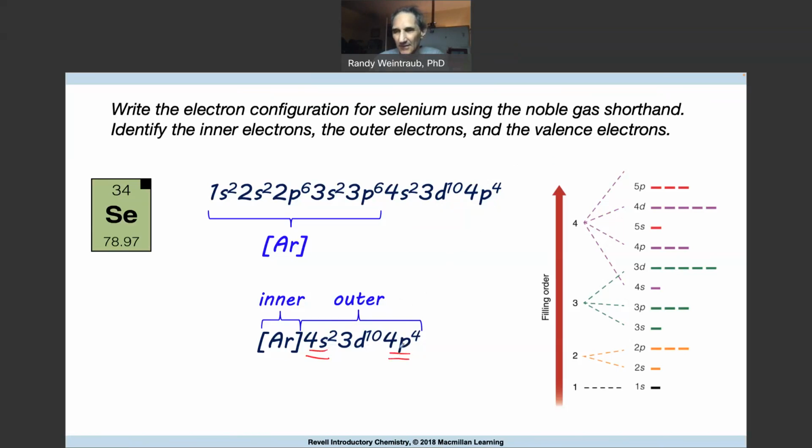Therefore, there are 6 valence electrons for selenium. So, to complete its octet, selenium must bond in a way to acquire or to share in a way to get 2 more electrons.